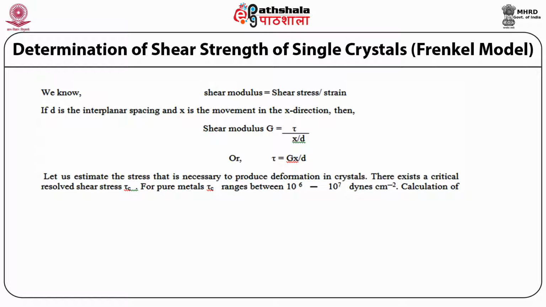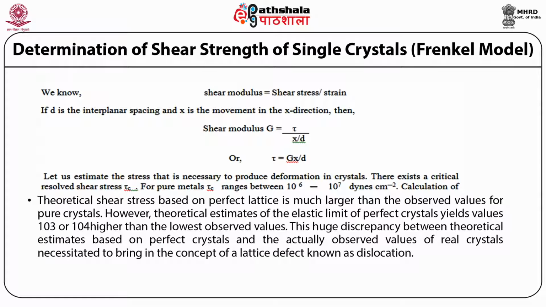Let us estimate the stress that is necessary to produce deformation in crystals. There exists a critical resolved shear stress tau c. For pure metals, tau c ranges between 10 raised to the power 6 to 10 raised to the power 7 dynes per square centimeter. Calculation of theoretical shear stress based on perfect lattice is much larger than the observed values for pure crystals.